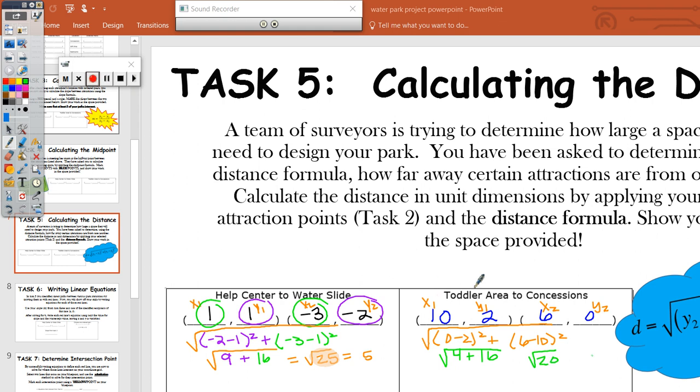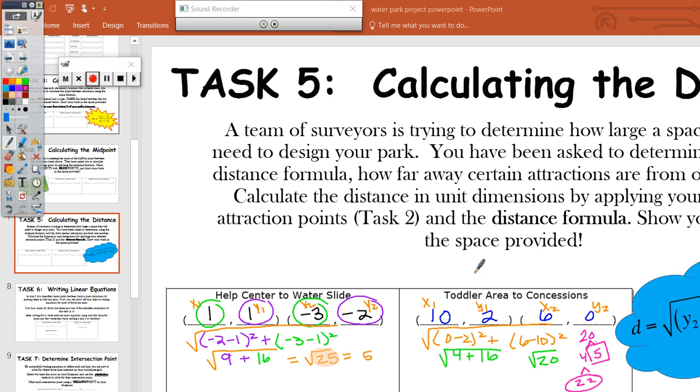If you put that into the calculator, you're going to get a decimal, and that's not what I want. We all know that 20 is 4 times 5, and 4 is 2 times 2. I have a pair of numbers, and I have a number that doesn't have a pair. Now 2, 2, and 5 are all prime numbers.